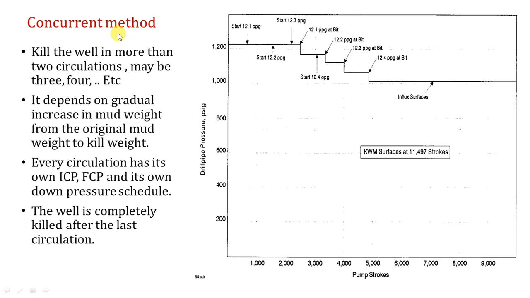It is also used after killing the well, for example with the kill mud weight by the wait and weight method, when the kill mud weight is not enough to kill the well. You can go with the concurrent method to increase the mud weight gradually, because if you increase it suddenly it may cause problems. So the concurrent method is very easy and simple, and it is not commonly used in drilling.